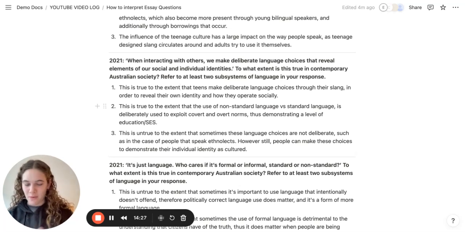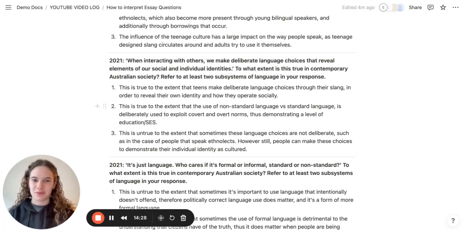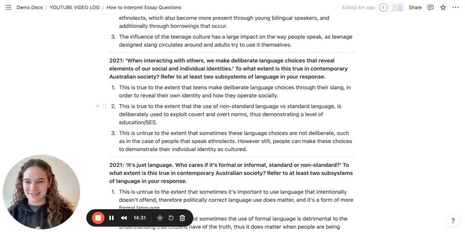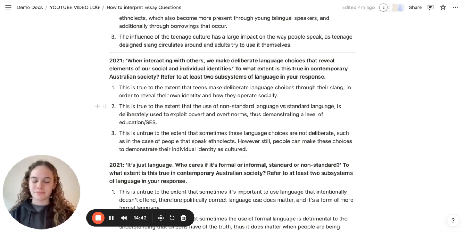Or right now with you guys, I'm trying to sound intellectual, but I'm also intentionally using almost non-standard language so that I'm exploiting the norm that I'm like you and I'm with the same educational status as you. So being able to change the standard and non-standard language to appear a certain way.